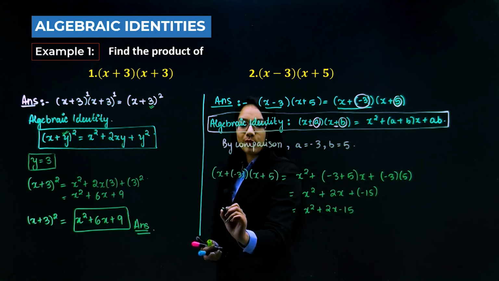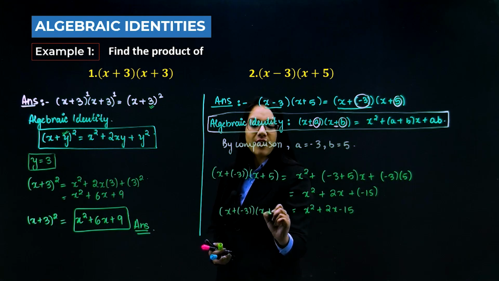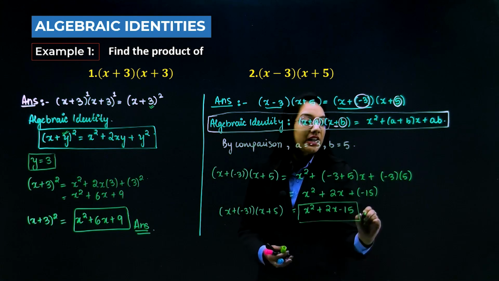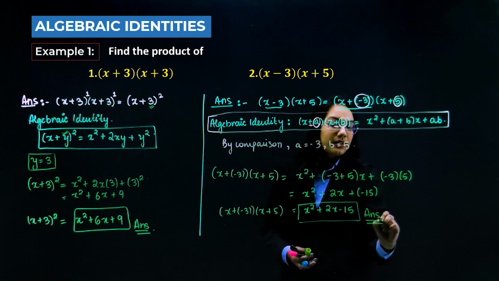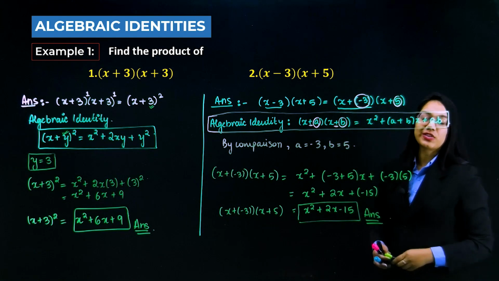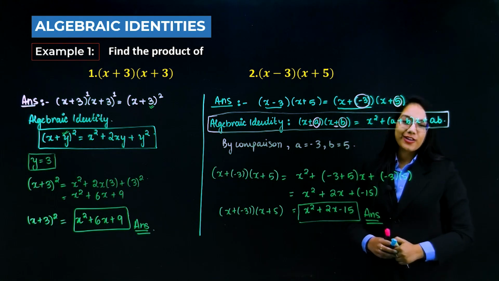So at the end, the product of (x minus 3) and (x plus 5) is x square plus 2x minus 15, which is the answer or the product of this second part. So this is all about the example related to some of the algebraic identities.